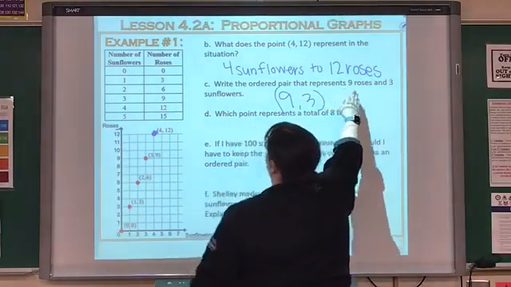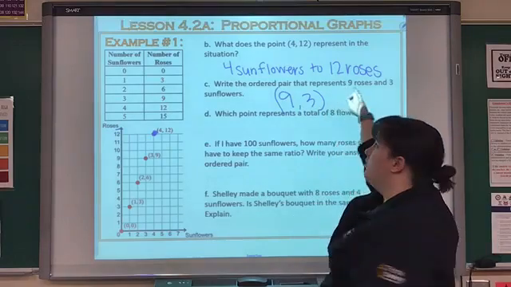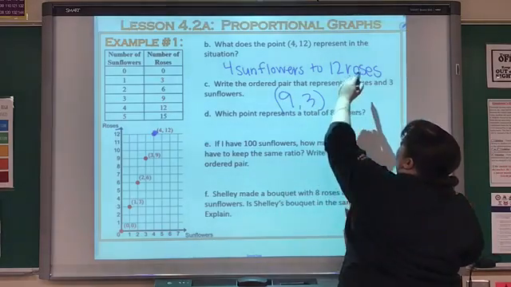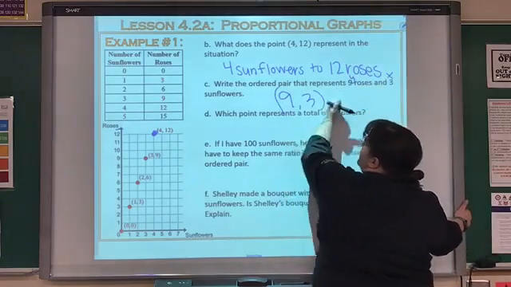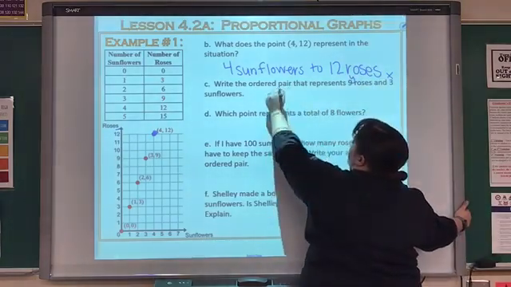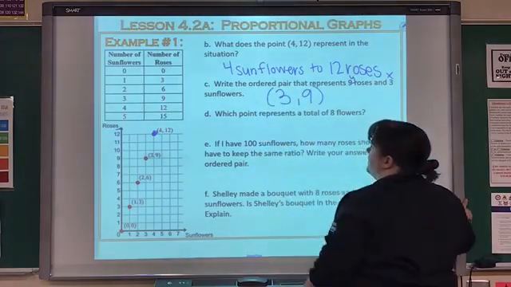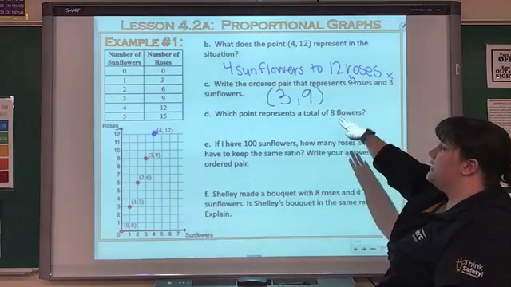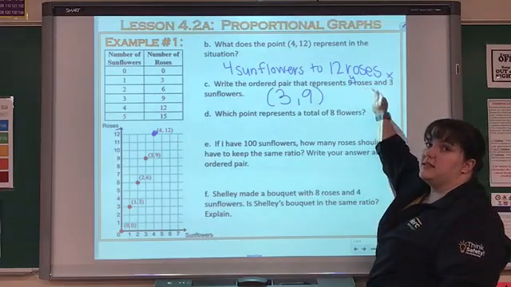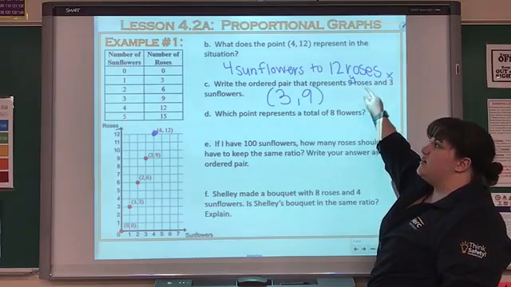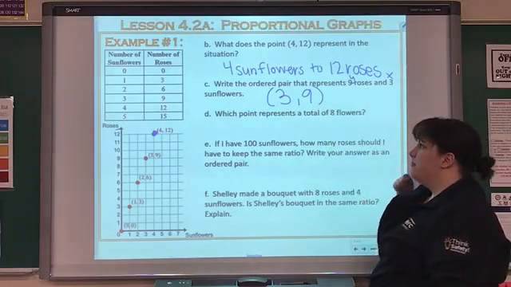So in our coordinate point, our y value is the second part, and our x value is the first. So instead of being 9, 3, this needs to be 3, 9. That is how you would write that coordinate point, because even though this 9 roses is listed first, it's our y value, so we have to put it second in our coordinate pair.